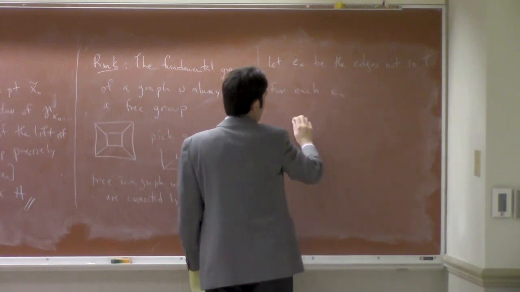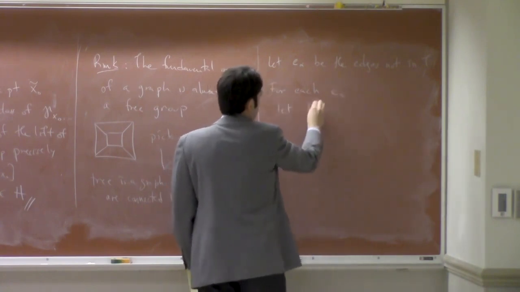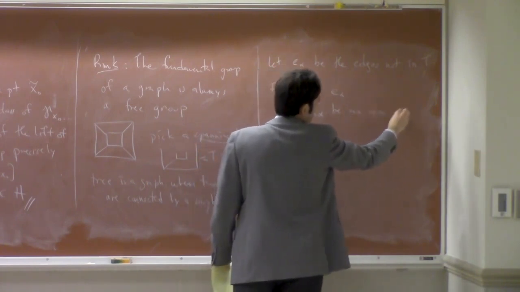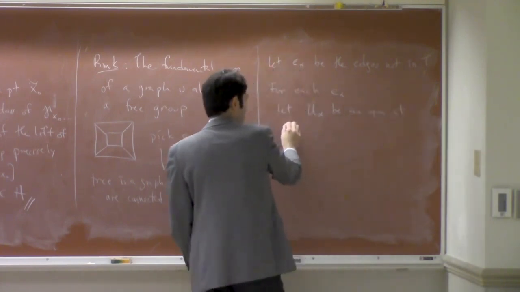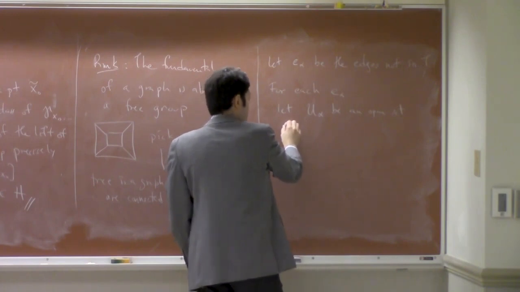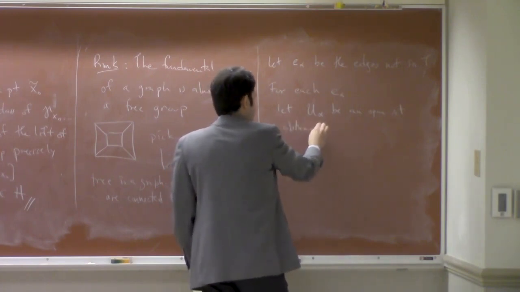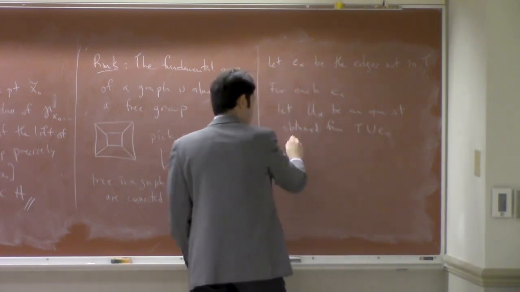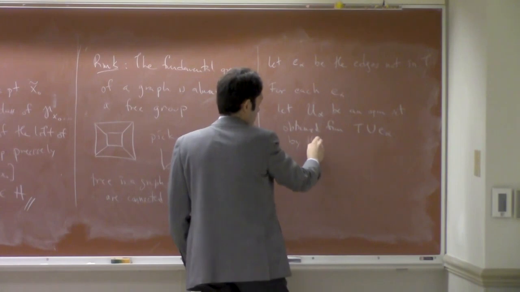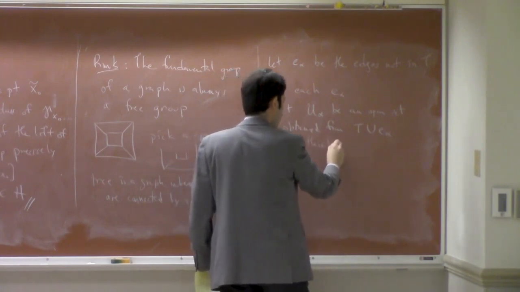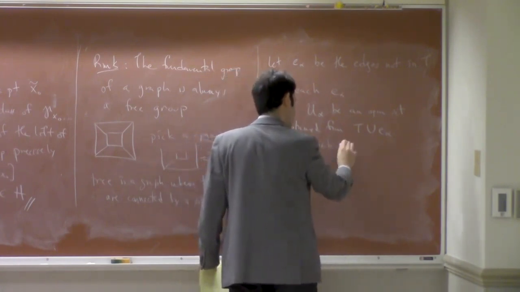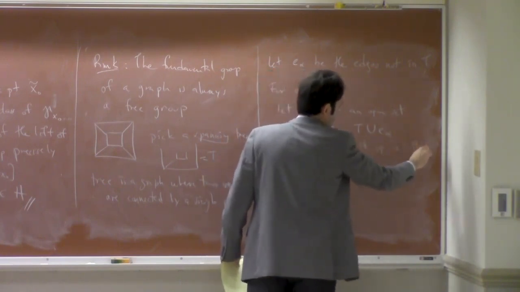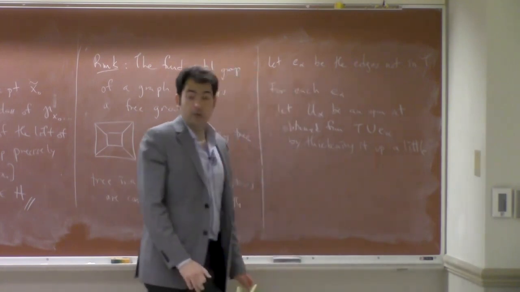For each E alpha, let U alpha be an open set obtained from T union E alpha by just thickening it up a little. Right? So just thicken it up a little.